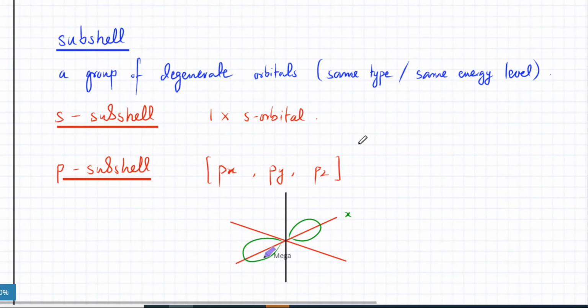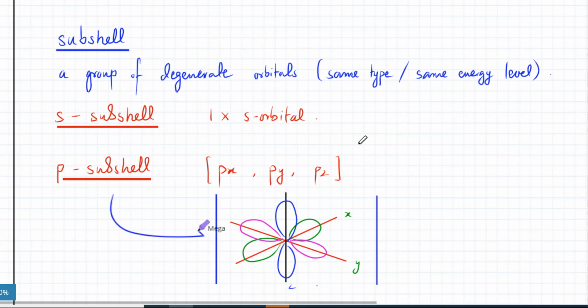If this is the y axis and there's an electron in the py, then the electron would be lying on the y axis. And similarly, the electron might be on the z axis, so the negative charge would be located in these 2 lobes. So that's your pz. So these are 3 separate orbitals. But if you group them together, this entire thing is known as a p subshell.